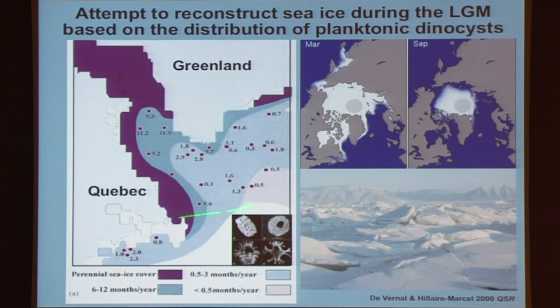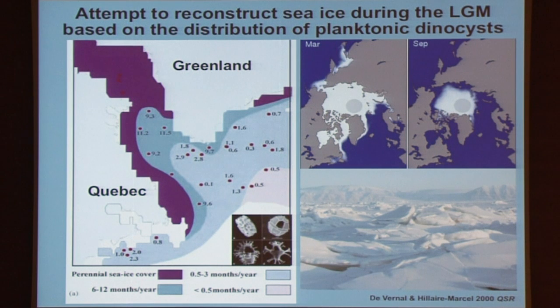It's possible by looking at sediments, and especially planktonic dinocysts, that are algae living in the surface layers, and this is the work from De Vernal and Hillaire-Marcel some time ago.